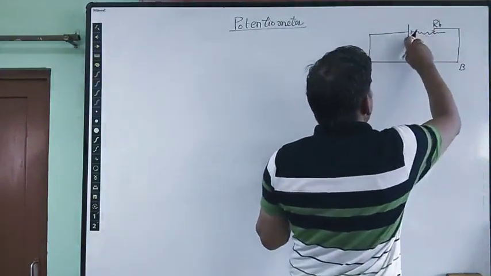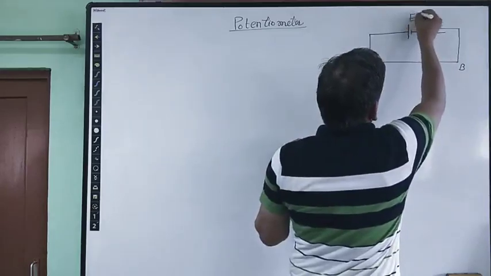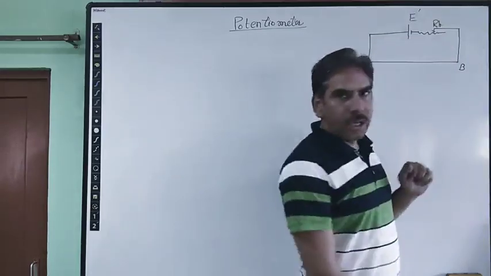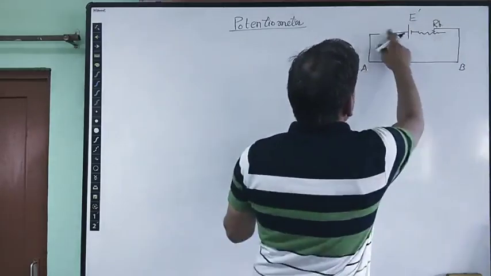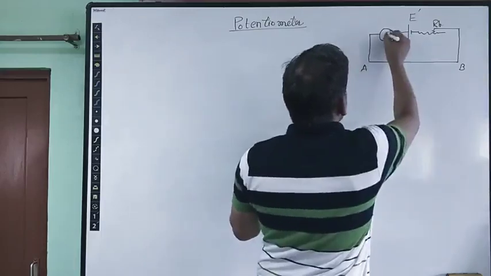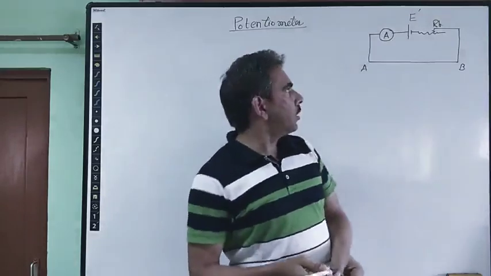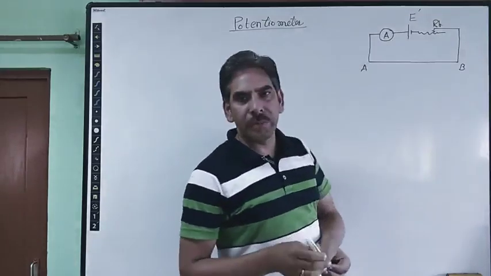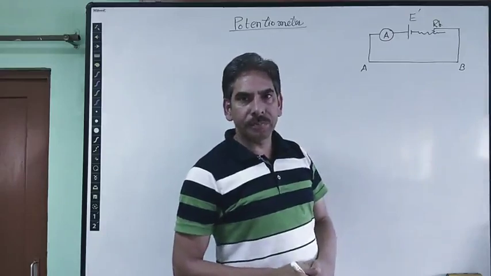This is the driving cell actually. It is used to maintain a constant current through the circuit, and we name it E dash. We also connect an ammeter here to know what amount of current we are maintaining through this potentiometer wire.